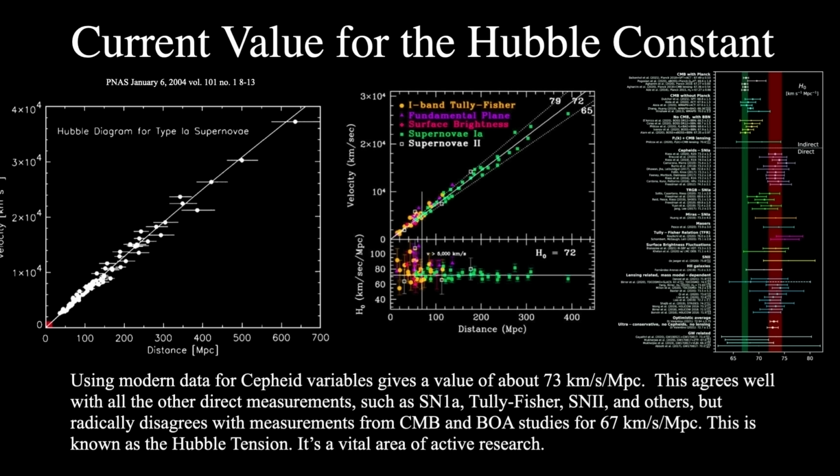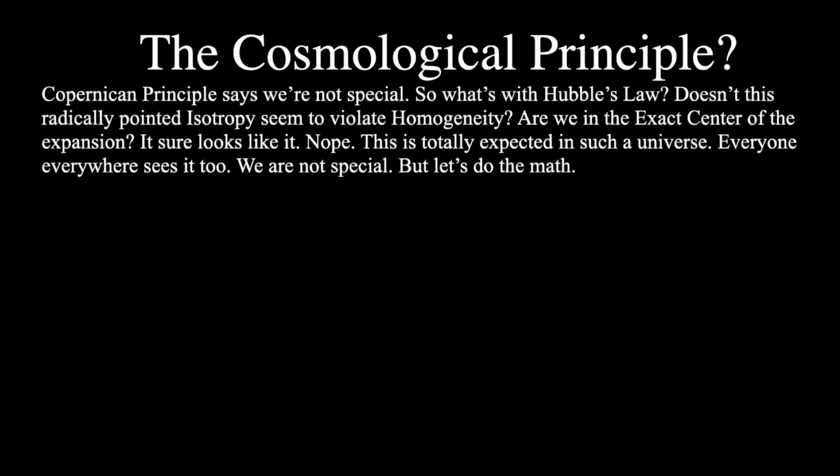So we'll use 2 different values for the rest of this to understand the nature of redshift. Now, there might be some of you who say, wait a second, we see redshift uniformly, and the farther away something is, the faster it seems to be rushing away from us. What is with this Hubble law? Doesn't that violate the cosmological principle?